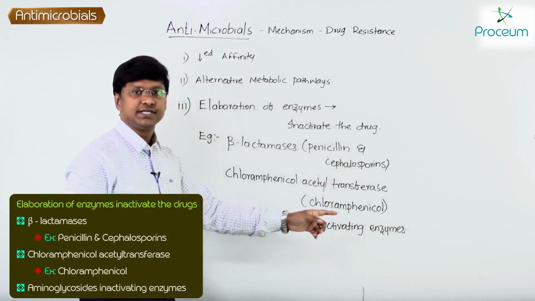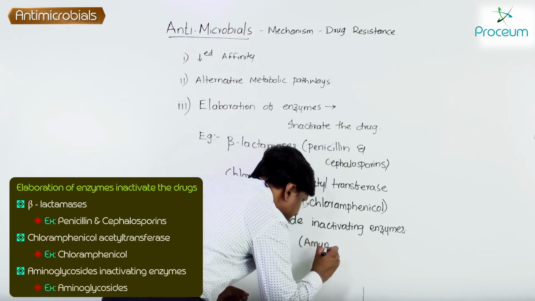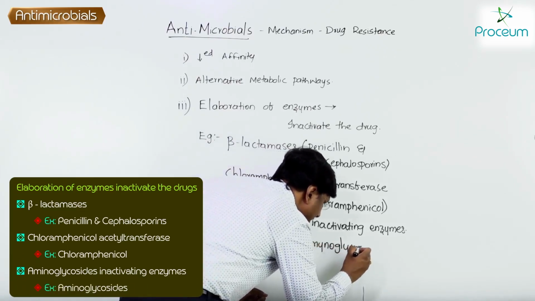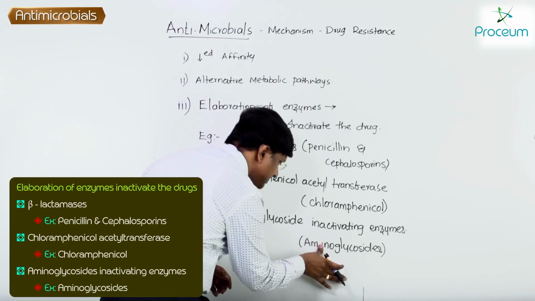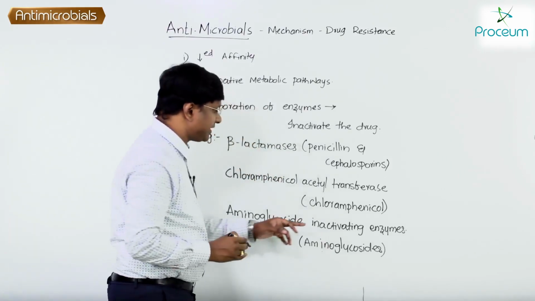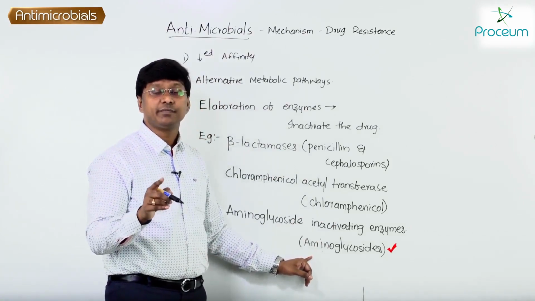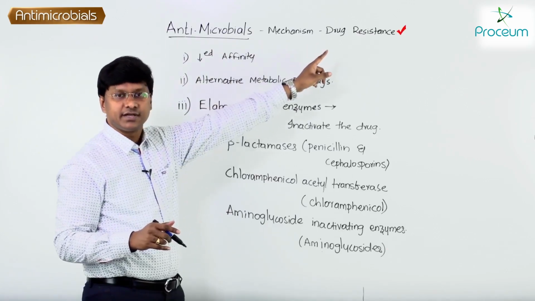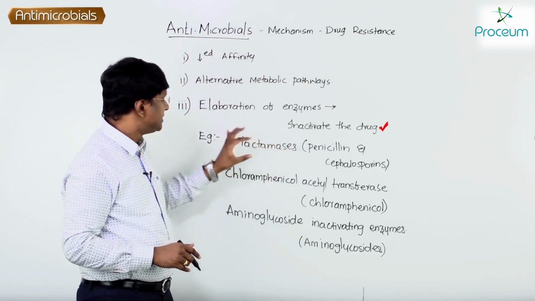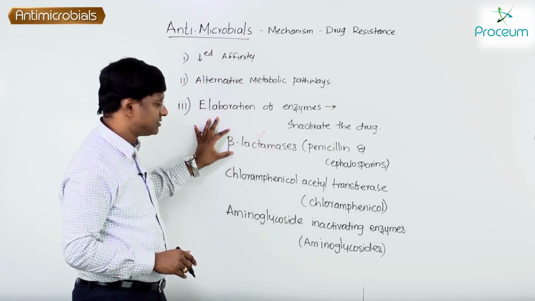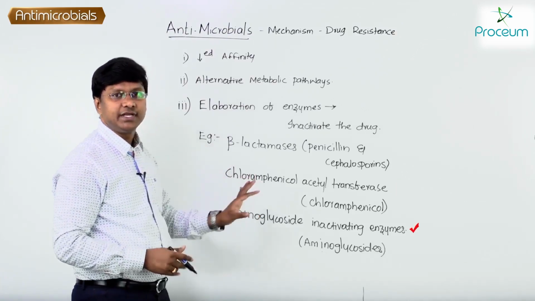So aminoglycoside inactivating enzyme will inactivate the aminoglycosides. So this is one way of the development of drug resistance, that is elaboration of enzymes which will inactivate the drug. The enzymes we have are beta-lactamases, chloramphenicol acetyltransferase, and aminoglycoside inactivating enzyme.